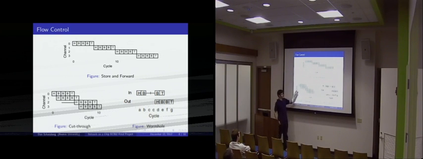The next step along that is what's called cut-through, which is that instead of storing the entire packet, I'll start sending the packet as long as I know that the downstream router could hold an entire packet. So in this case, channel 0 receives the head flit and knows that the next router can hold that packet, so it'll just start sending it next cycle.